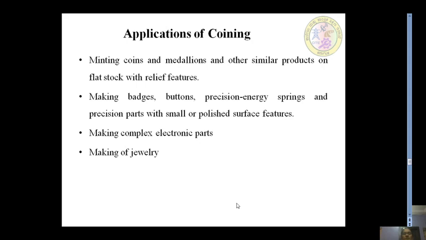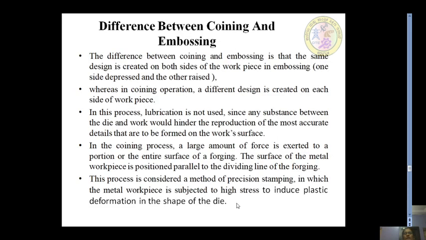So, application wise: minting coins and medallions and other similar products on flat stock with relief features, making badges, buttons, precision springs and precision parts with small or polished surface features, making complex electronic parts, making of jewelry.